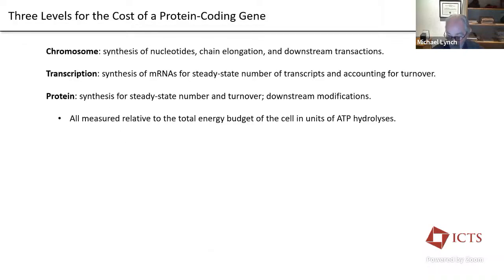So now let's think about the cost of a whole protein coding gene. The example I just gave was just for one amino acid substitution, but now we want to think about the cost of a gene. Bacteria typically have 4,000 protein coding genes or so. Us vertebrates have something more around 20,000 or so.